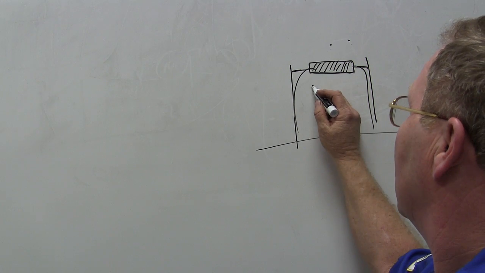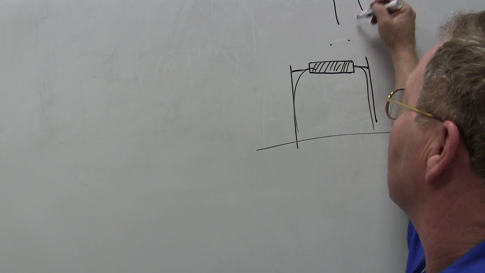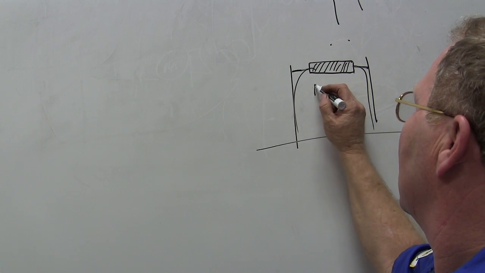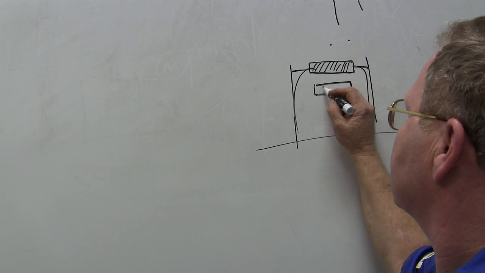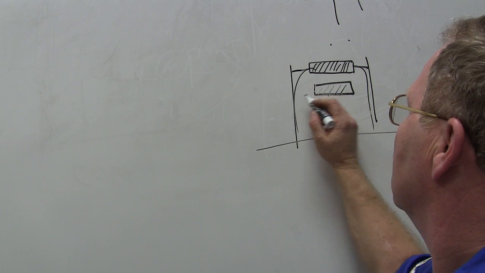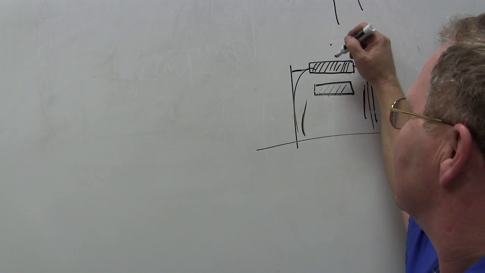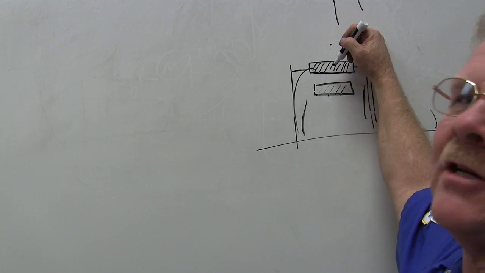You've got one, and behind it, in other words, if you looked at these like this, you've got another one behind it. That one there is the hot wire. And it's made the same way. And so what it wants to do is it's measuring, it's using this one for its benchmark.